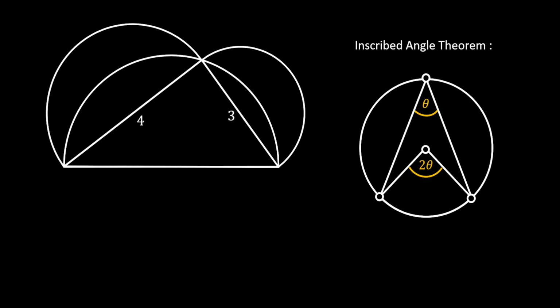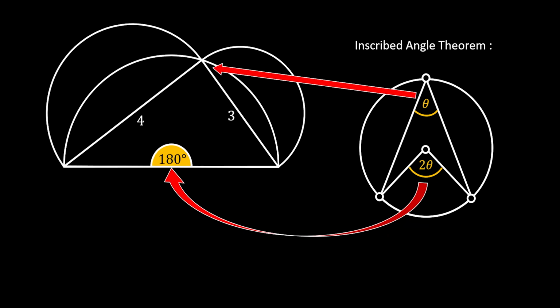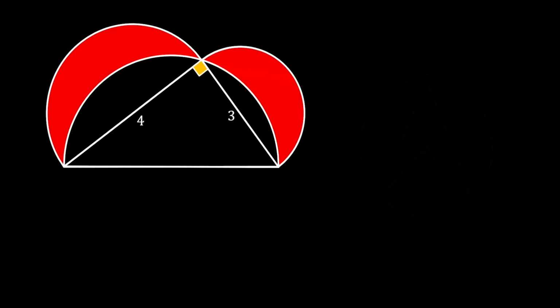So, if you take a look at our sketch on the left, you can see that the central angle of our big semicircle is 180 degrees, which means that the inscribed angle at the top must be 2 times smaller, or 90 degrees. So this means that our triangle must be a right-angled triangle.